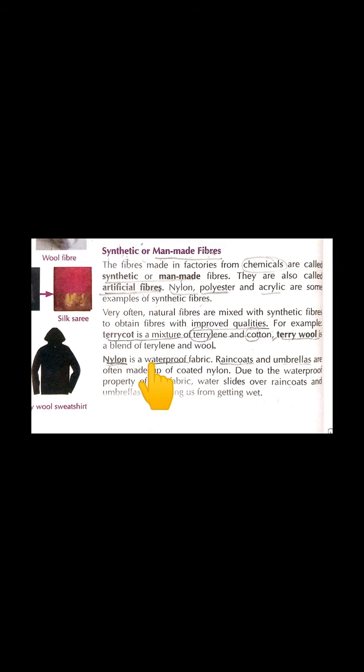Next is nylon. Nylon is a waterproof fabric. Raincoats and umbrellas are often made up of coated nylon. Due to the waterproof property of this fabric, water slides over raincoats and umbrellas, preventing us from getting wet.